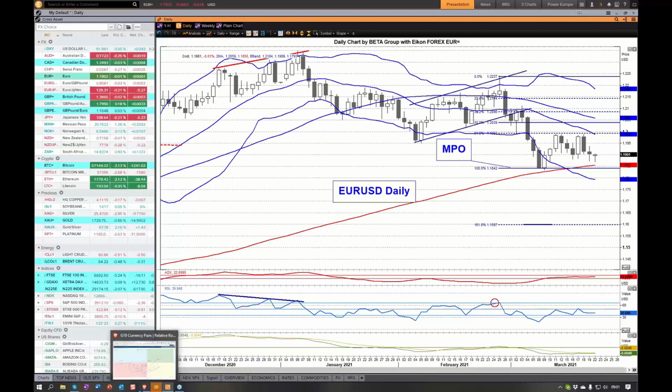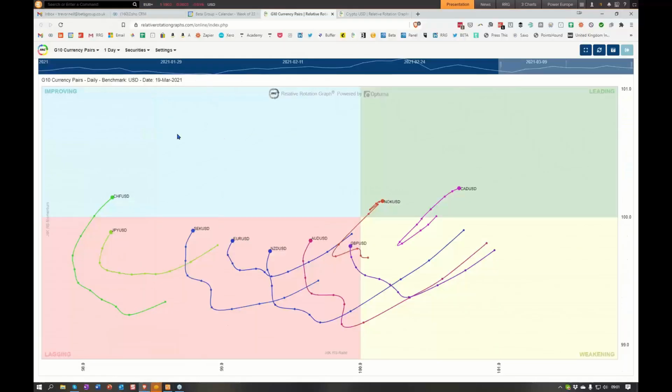Let us start with an overview of the currency markets using the relative rotation graphs, which many of you will be familiar with. And today we have a very clear message. So just very briefly, we've got the G10 currencies here, and how they are ranking on a relative basis. The Canadian dollar, most to the right here, is the strongest currency versus the US dollar, and the weakest is the Swiss franc, surprisingly, with the Japanese yen over here.